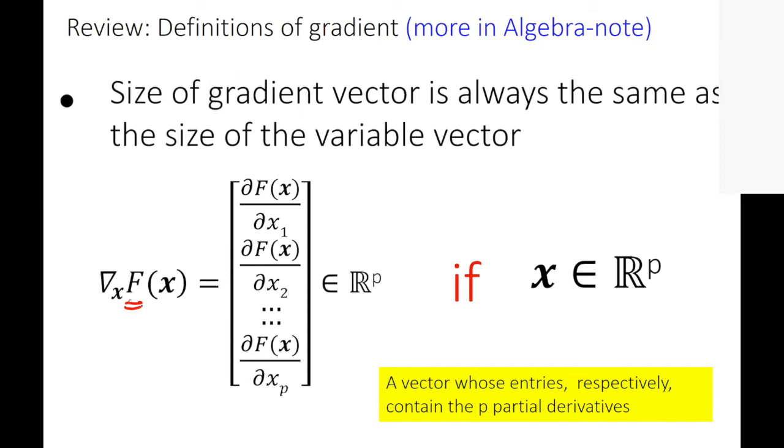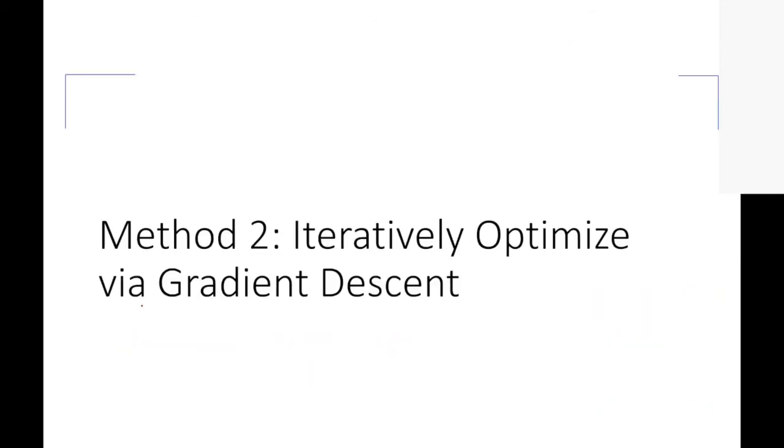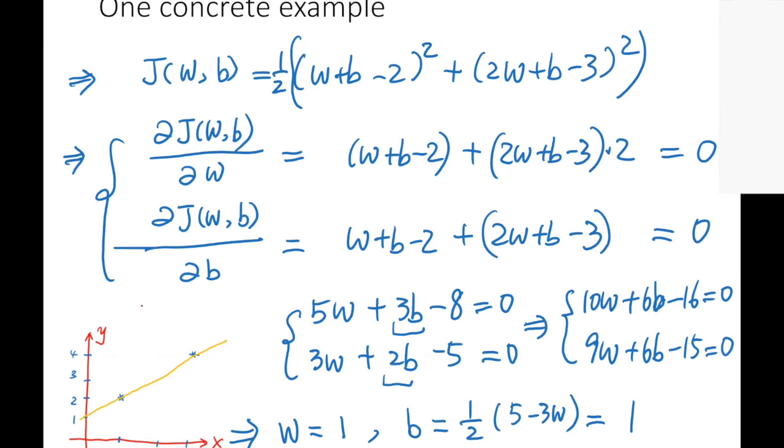The gradient is just a vector of partial derivatives. To make it concrete, in our example we have the J(w, b) function with two variables, so it's not a derivative anymore, it's partial.